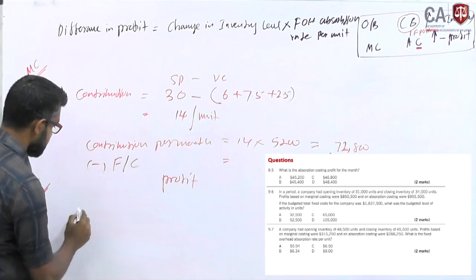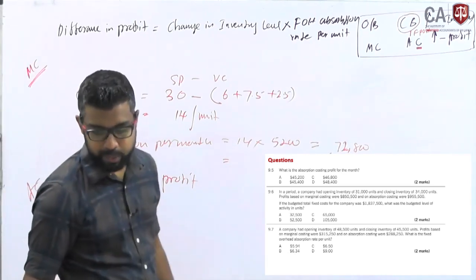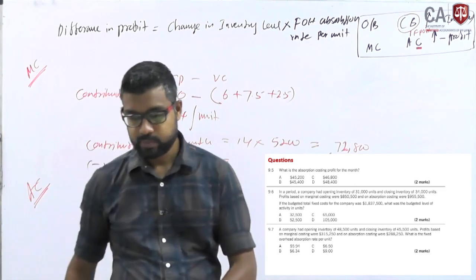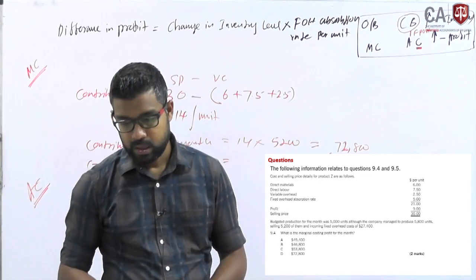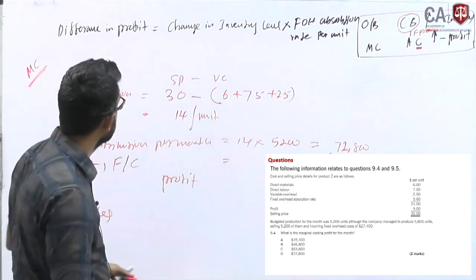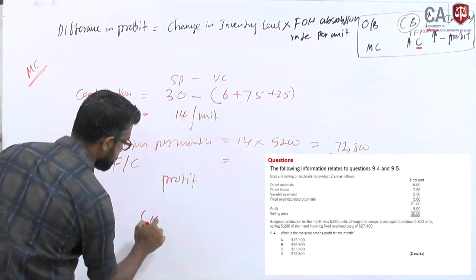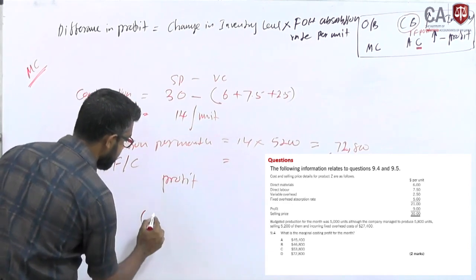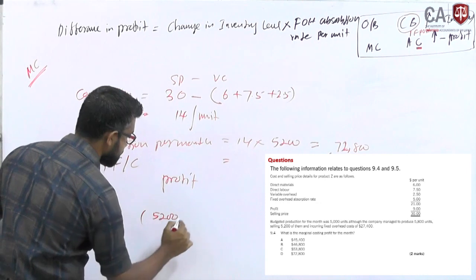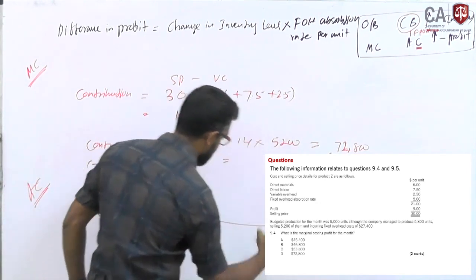How much? Number of units you sold, 5,200 into selling price 30. 5,200 into 30. How much?